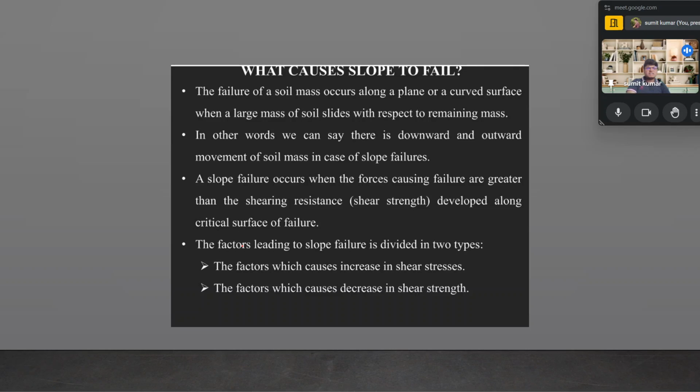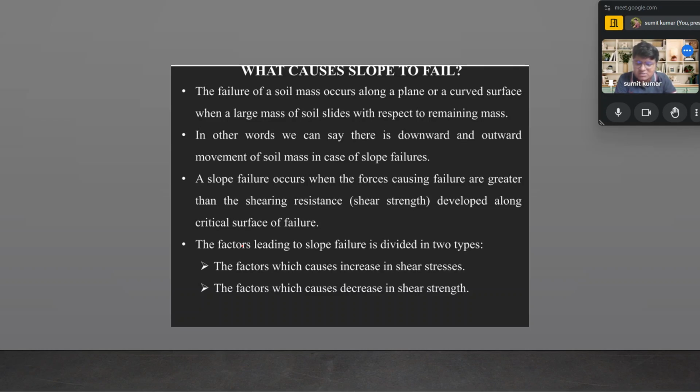Now, the question is, what causes a slope to fail? Okay. Now see, we have a new question with us: what causes a slope to fail? The failure of a slope must occur along a plane or curved surface when a large mass of soil slides with respect to the remaining mass.